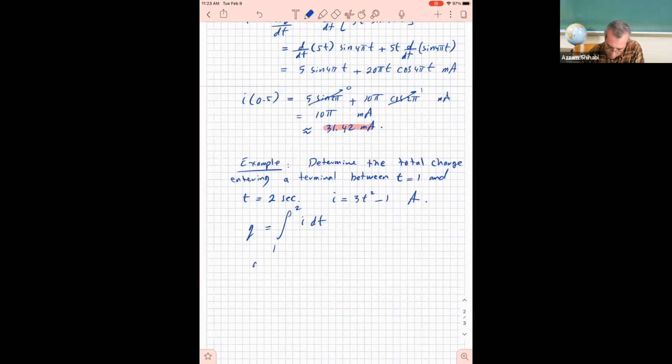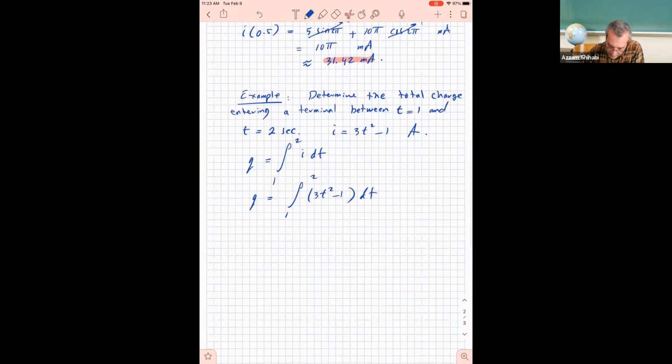So Q is the integral from 1 to 2 of 3t squared minus 1 dt. Integrate: t cubed minus t. And then the integral from 1 to 2.